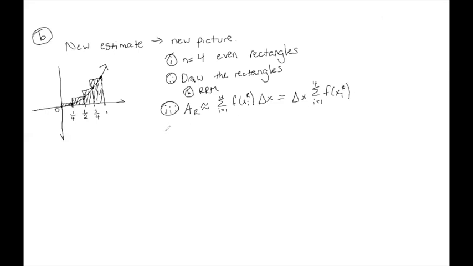Okay, so step 4, I need to find my delta x. Delta x equals 1 minus 0 over 4. This is still 1/4. So this doesn't change with L or R, meaning I can use left or right endpoints and I still get the same delta x.